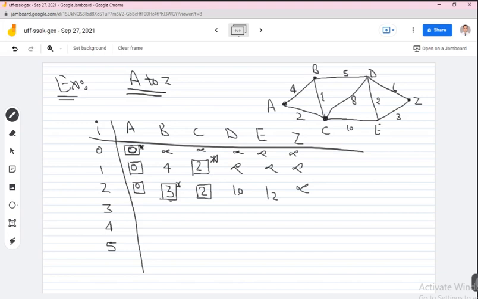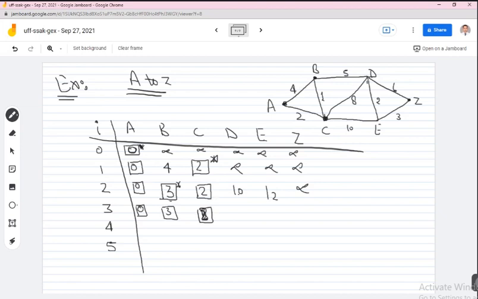So what is the nearest point of B? A I have already taken. I have already taken the permanent label A, and at C I have already taken the permanent label. And the only one left is D. So I have taken the permanent label. This one is also 2.